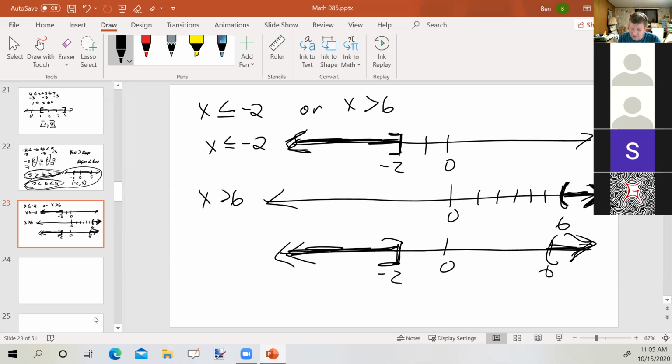If we were to write the solution in interval notation, it would look like that. Everything from negative infinity up to -2 inclusive, in union with everything after 6, okay? Because we can't write it as a single interval, just like Hawaii, the state, is not a single land mass. And yeah, I know you could say they're all connected underwater, but we're not going to do that, okay?